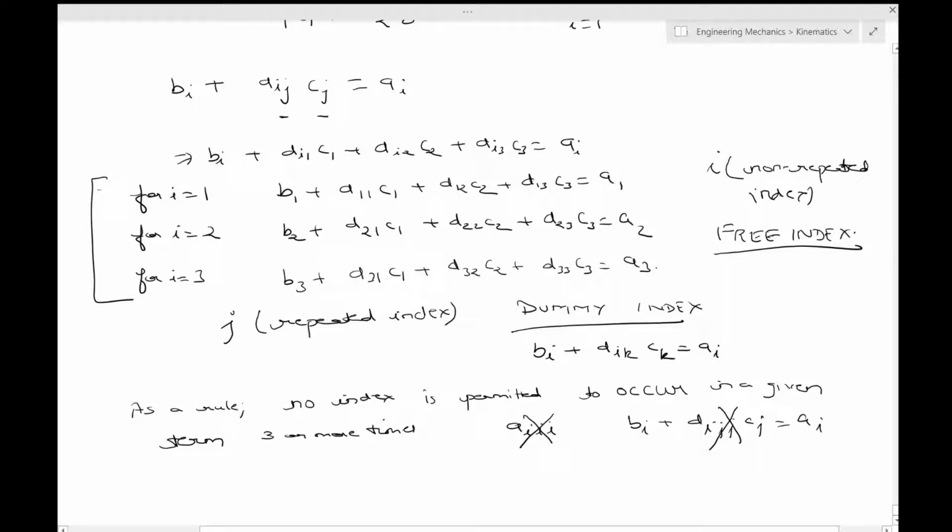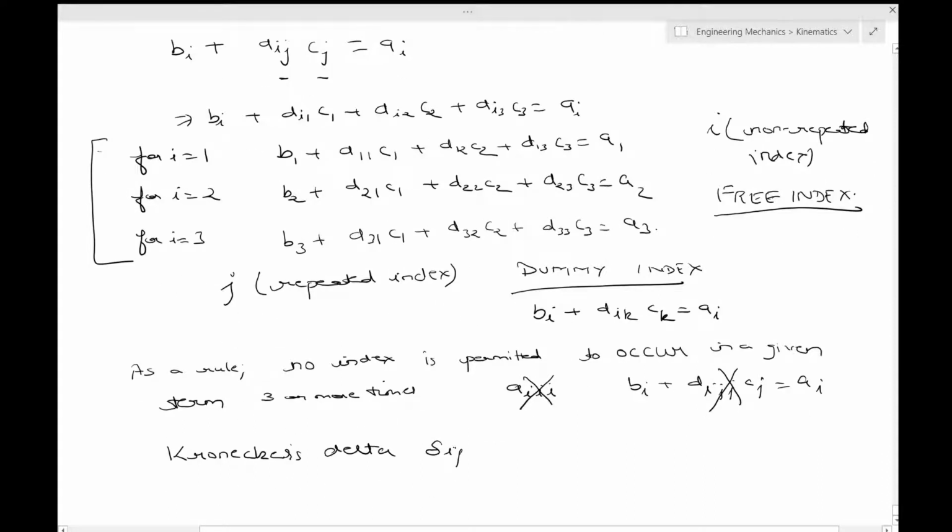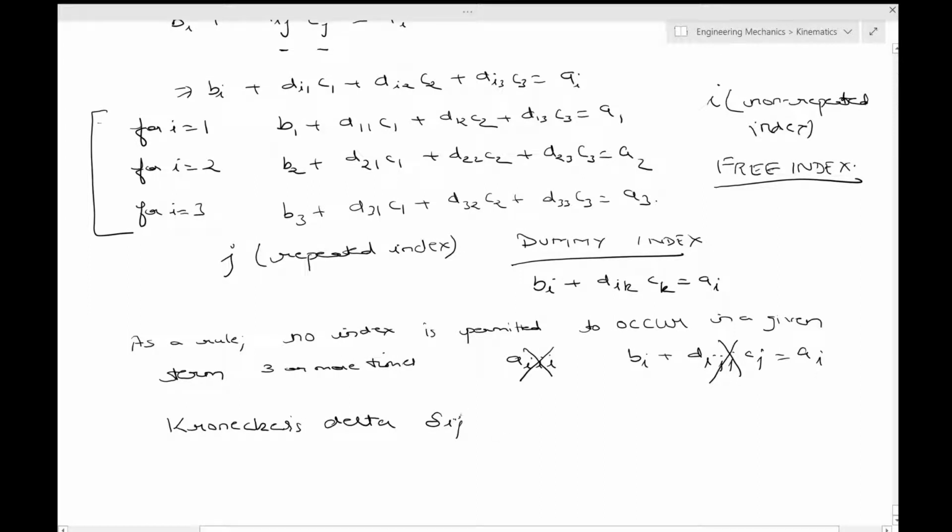So that's the summary of index notation, and there is also one other important version called the Kronecker delta. Kronecker's delta ij is equal to 1 if i is equal to j, and it is equal to 0 if i is not equal to j.